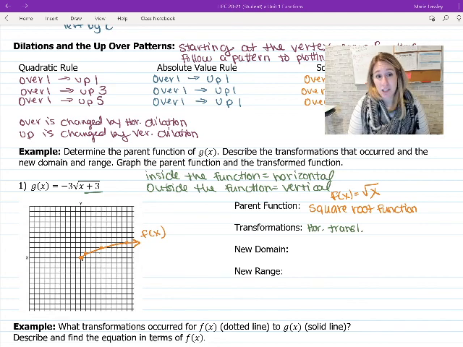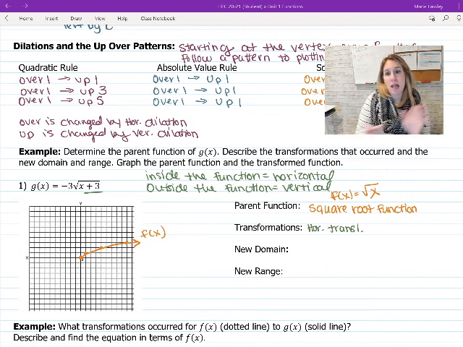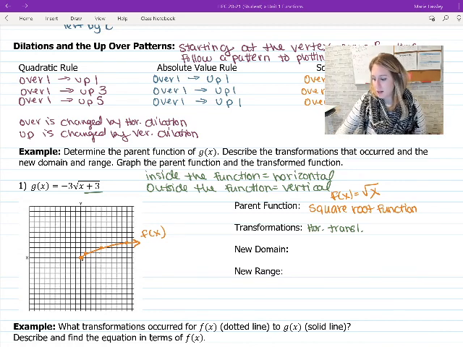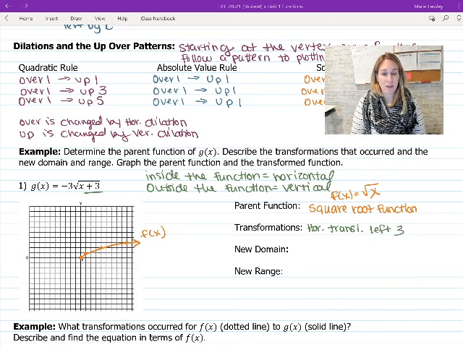Well, it's a +3. Remember, horizontal always does the opposite of what you think. You'd usually think +3 goes in the positive direction, but you would be wrong, because horizontal is always backwards. So really, we're going to the left. Horizontal translation left by 3.